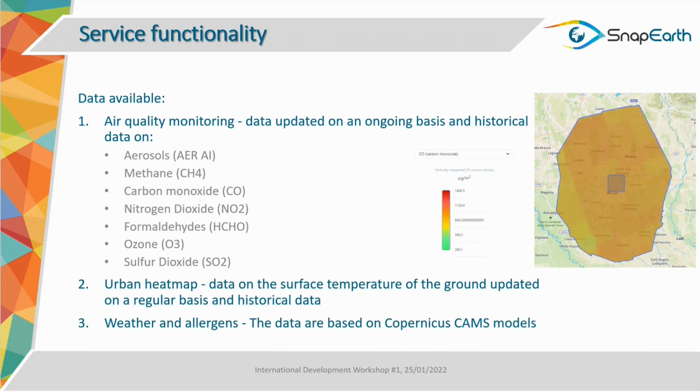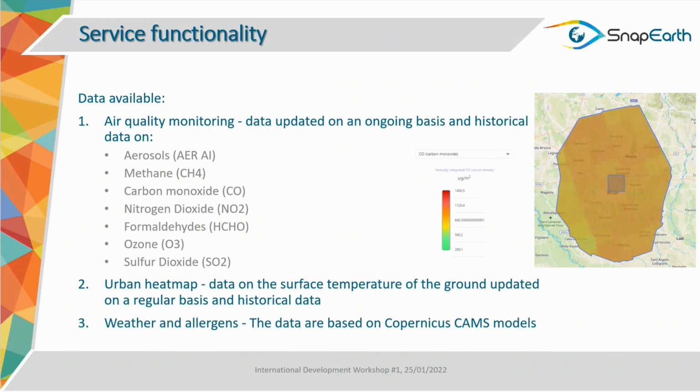The second one, as I said, is the urban heat map. This is the information from Sentinel-3 about the surface temperature of the ground, updated on a regular basis, and also we have historical data.